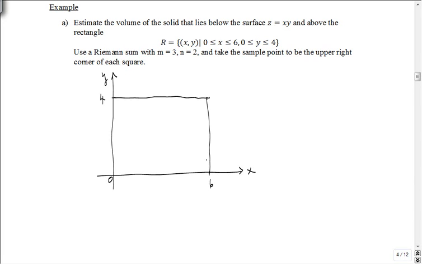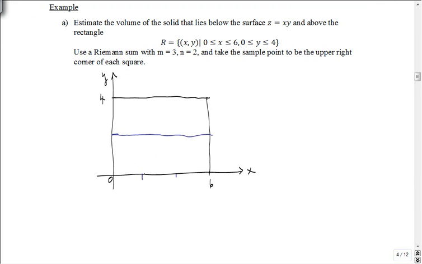So this is R. Now subdivide. m is 3, so you want 3 divisions here, and n is 2, so you want only 2.